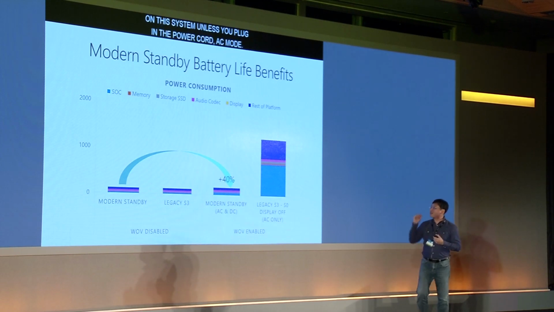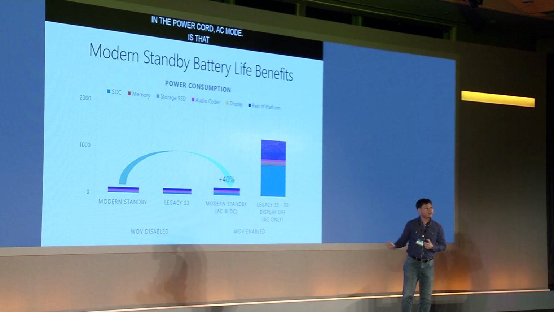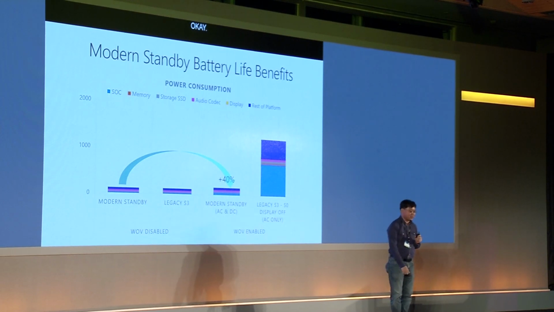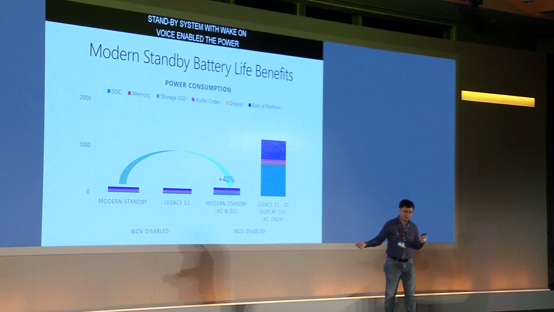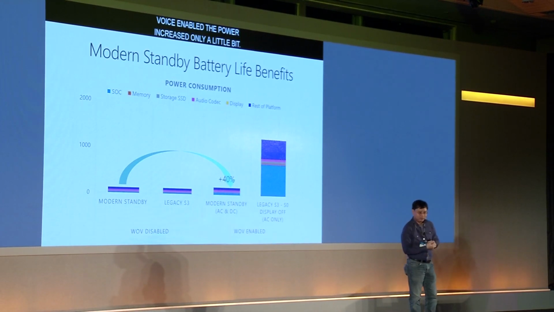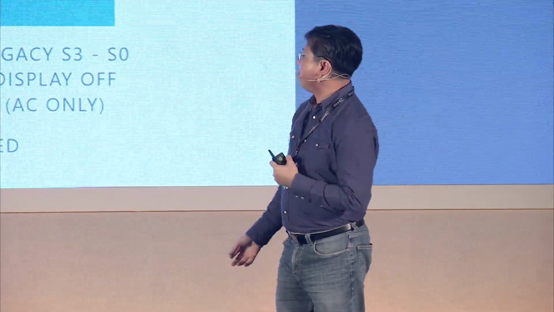Okay, let's look at a modern standby system. With wake on voice enabled, the power increased only a little bit. It's about 40%, so it could be from 100 to about 150 milliwatt. The hardware keyword spotter is active, and it is supported by Intel Smart Sound Technology, IST, and it can run in both AC and DC mode.